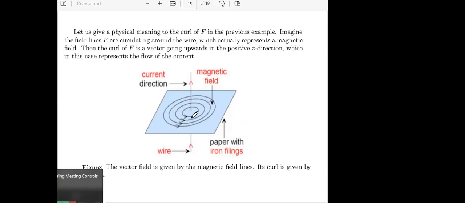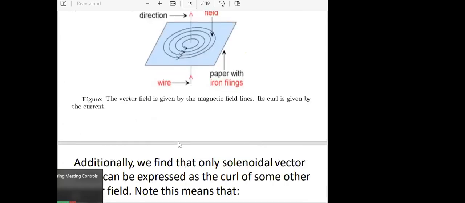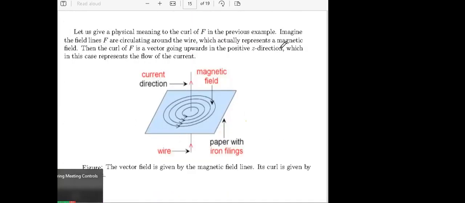So this is the vector field, and the direction of the curl of this vector field is given by the direction of the current through this wire.